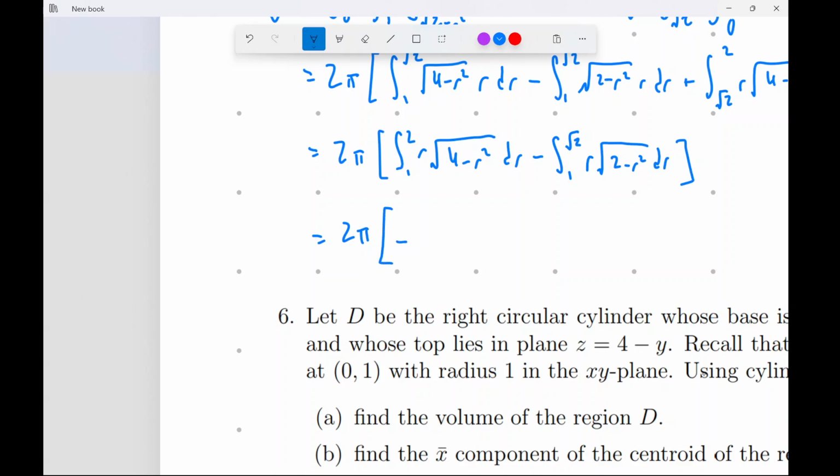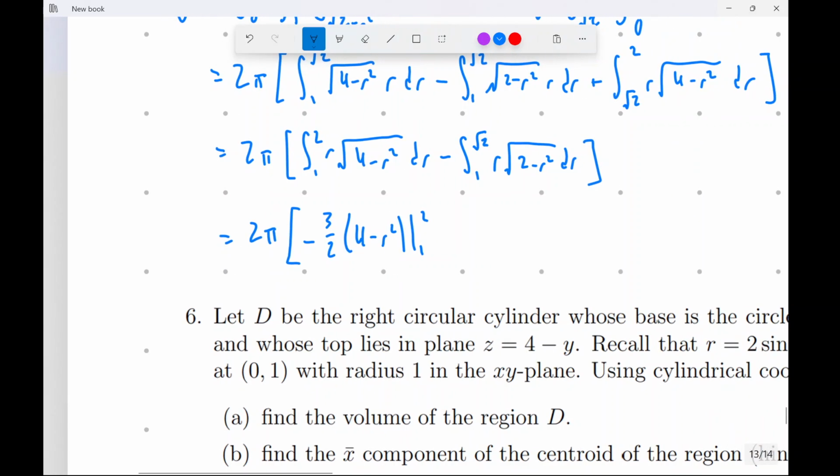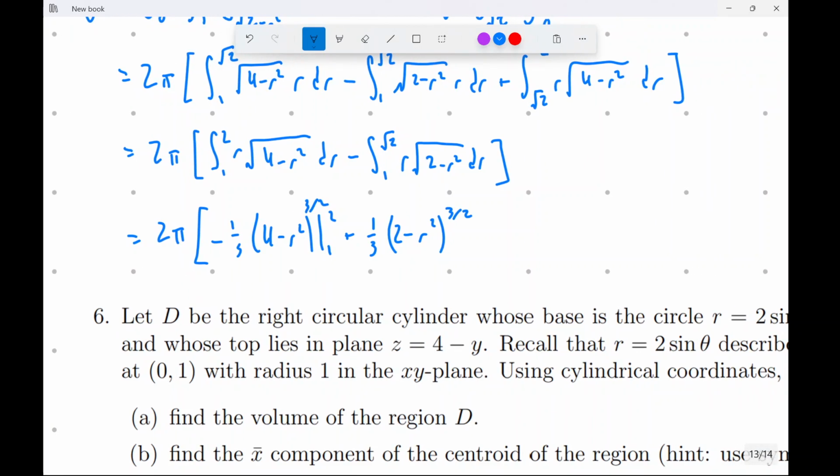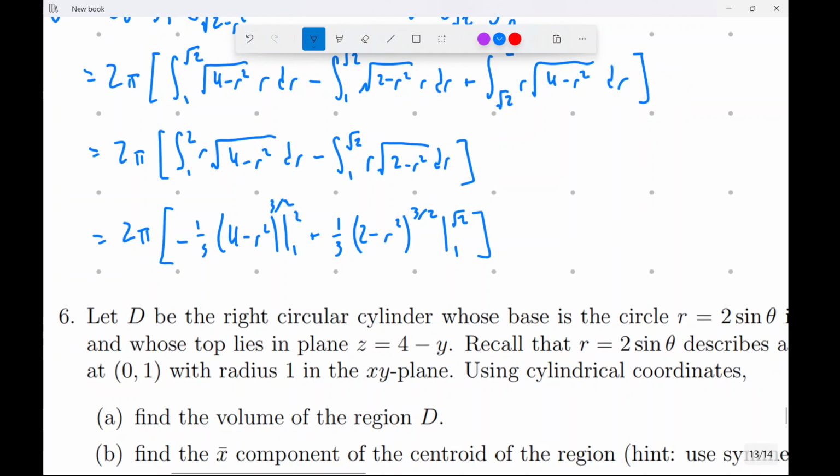So let's see, negative 3/2 times 4 minus r squared from 1 to 2 plus 3/2 times 2 minus r squared, no, these are 1/3, raised to the power of 3/2. Okay, from 1 to root 2. And then we just evaluate that.